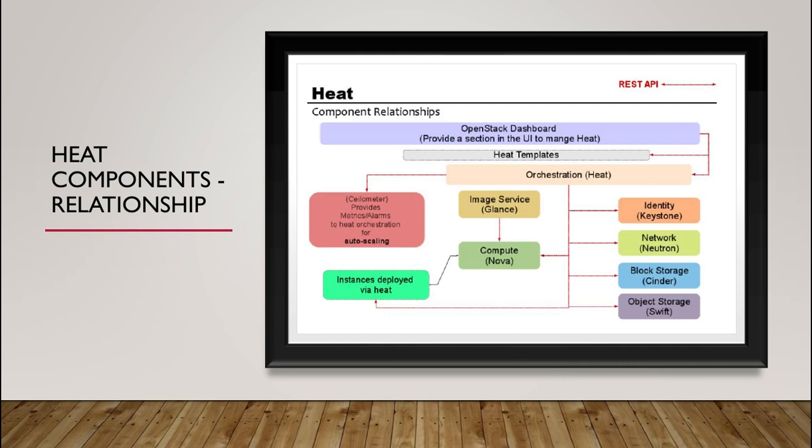Once it gets that confirmation, it goes to the compute node or Nova, then it uses the image from Glance to launch an instance, where it assigns the network from Neutron and block storage from Cinder and object storage from Swift, and at the end it deploys the instance for your use.